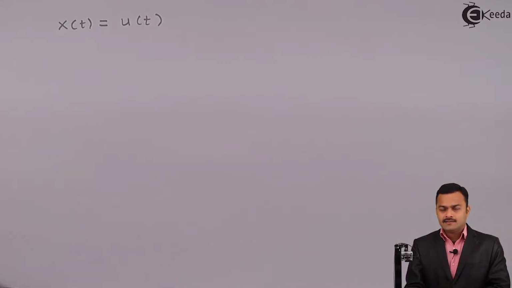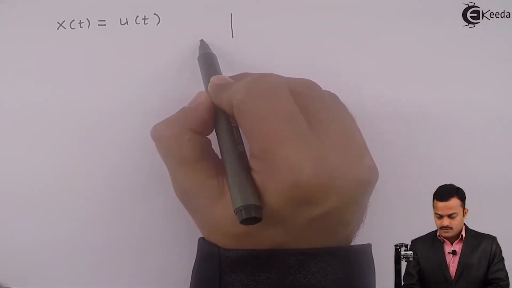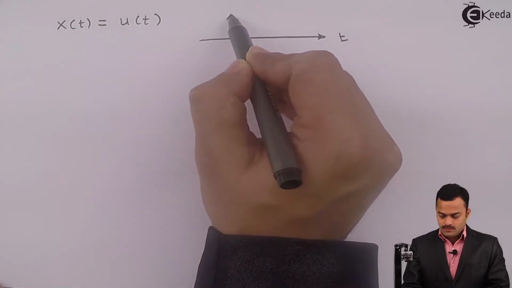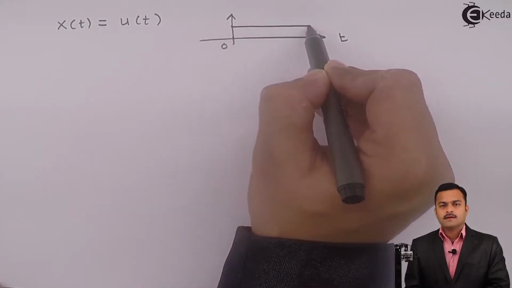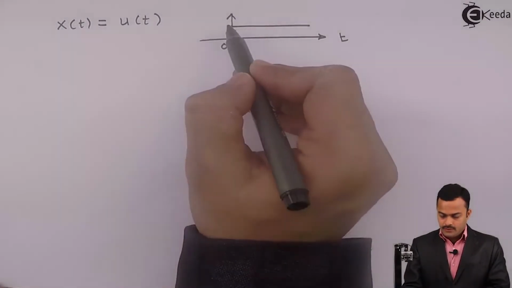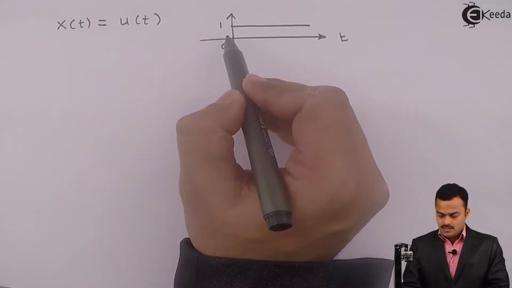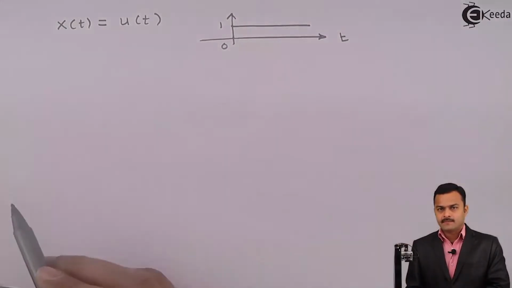It's a standard step, and the plot will be like this. It has the value 1, which we call the magnitude, and that exists from 0 to infinity.